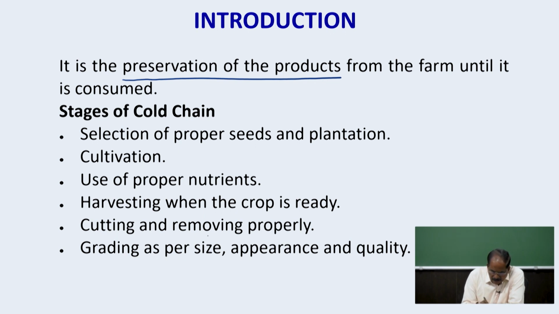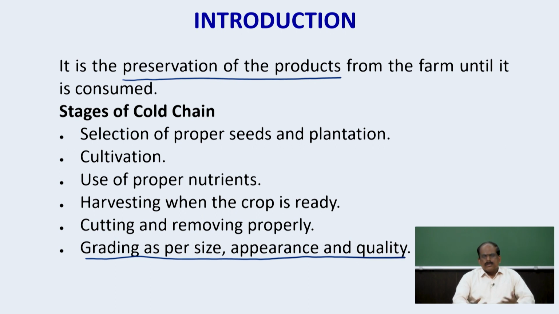Then the cutting and the removal process have to be done carefully without any wastage or loss of products at the farm level. Grading as per the size, appearance and quality is very important. Sometimes the products which are of very good quality may be classified as category A. Not class A, class A, class B, class C, class D. Those classifications are based on the moisture content, which we have discussed in the shelf life of the product.